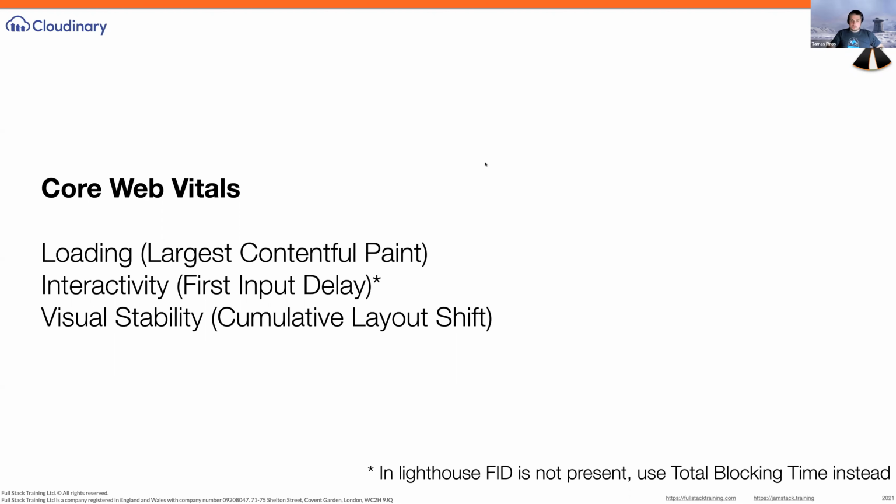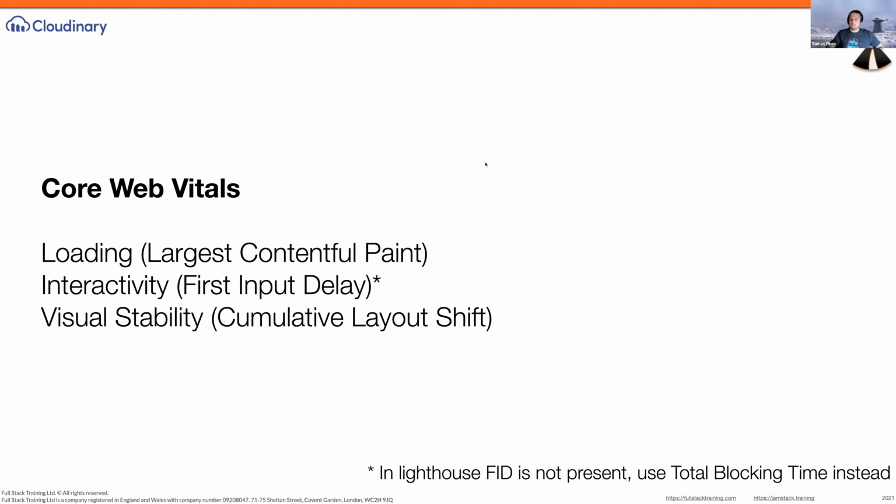So there's loading, or essentially how fast your website is going to load, and the metric that is relevant to that is called largest contentful paint, or LCP. Then there's the interactivity factor, so how fast your users can interact with the page, and that is called first input delay, or FID.